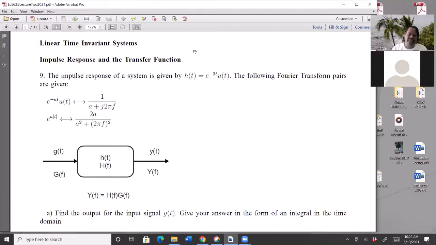The question is, what will you get when you input x1 plus k times x2? So I am complicating things. I am using addition, but I am also multiplying one of them by a scalar. If the output is y1 plus k y2, then your system is linear.